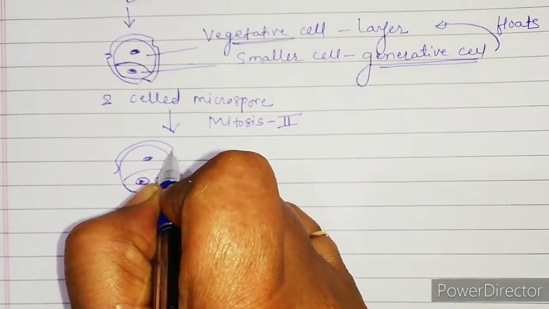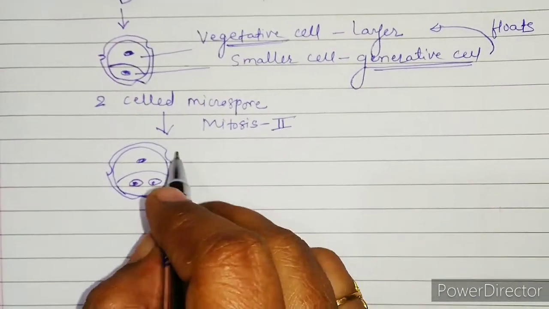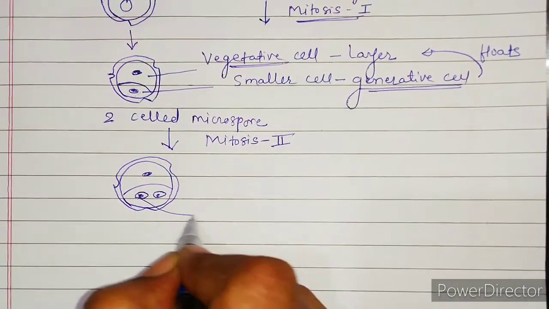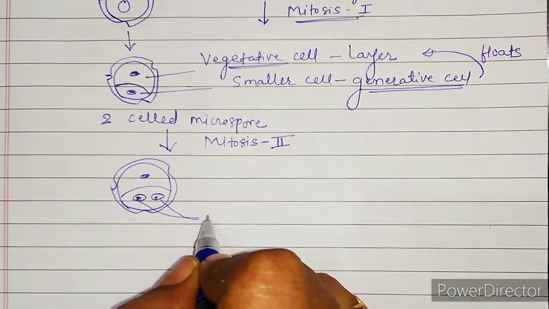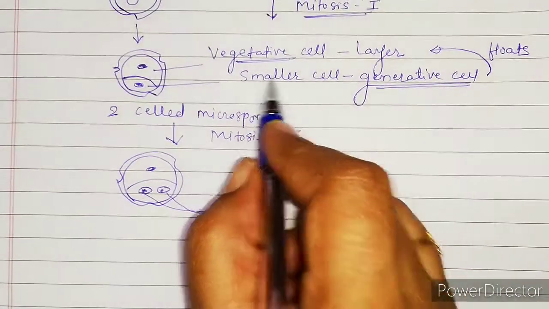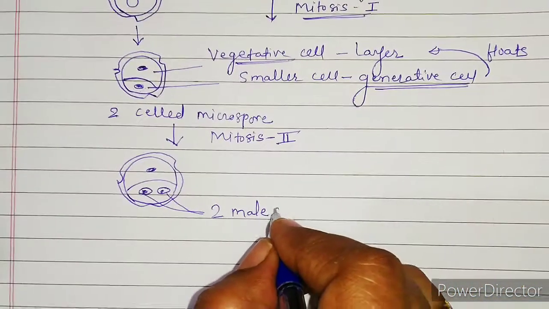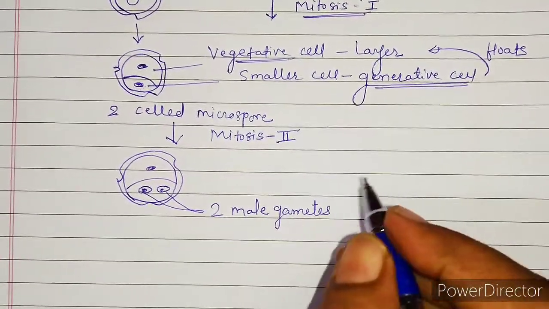Exine is there like this. So such a structure is formed, and these two newly formed cells are called the two male gametes. Each generative cell gives rise to two male gametes.